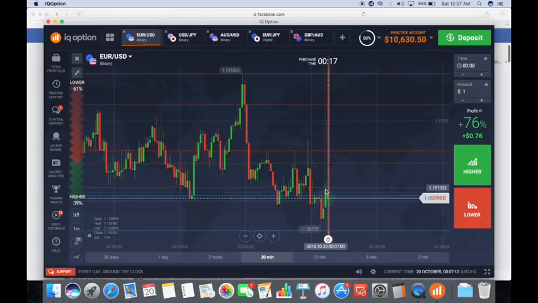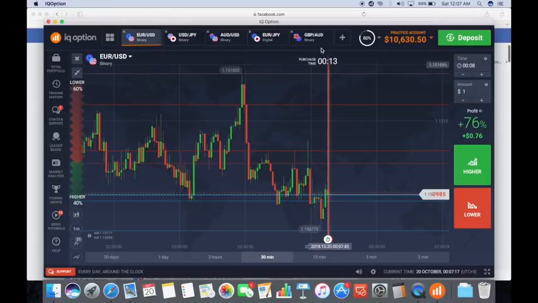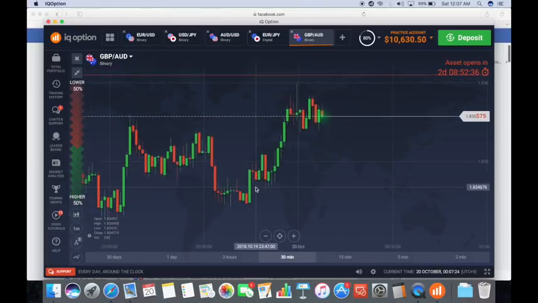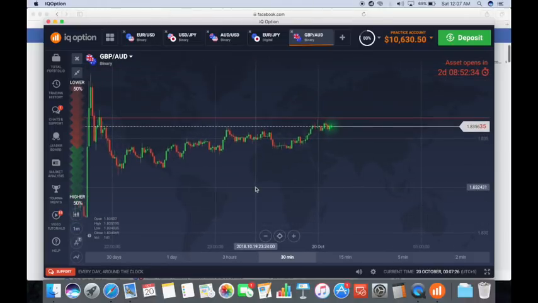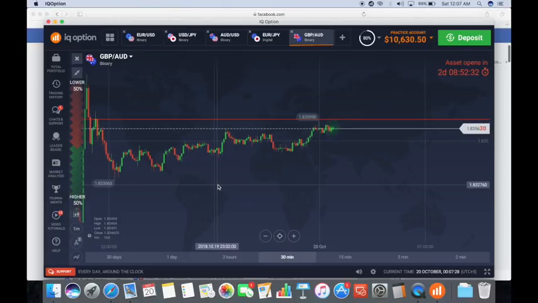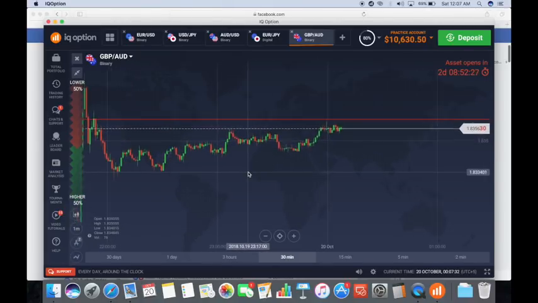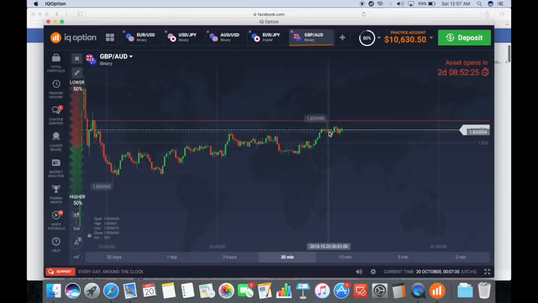You see, it wasn't able to pass through. This pound and Australian dollar, I mean, there's not that much activity in here, so I don't think I will get any more good trades over here.